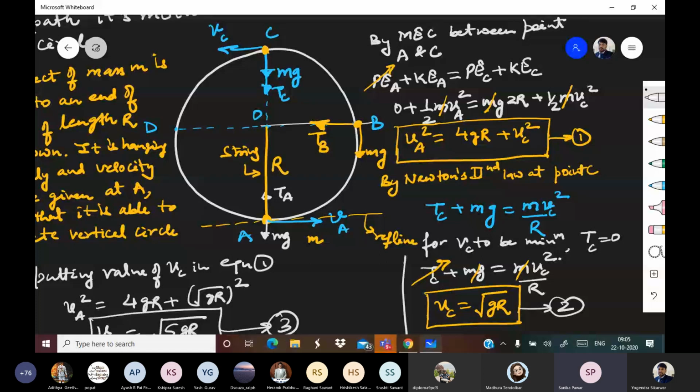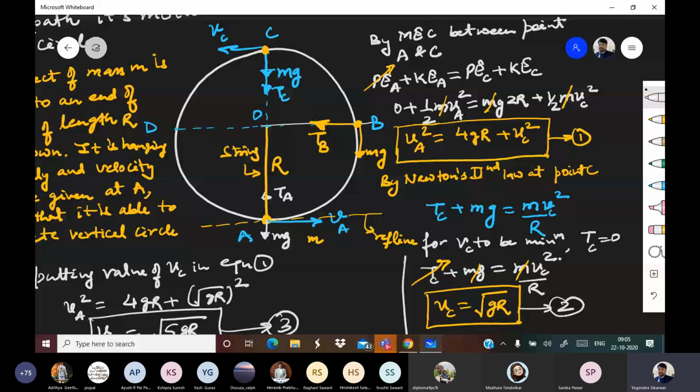Yes, sir. Okay. Can there be any component of mg along the center of the circle? If you want to take, you can take mg cos 90 and that will be equal to 0. So mg will provide no support for the circular motion, and only tension will have to take care at this point B.